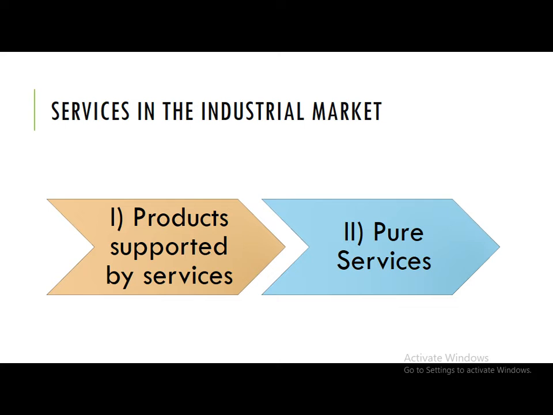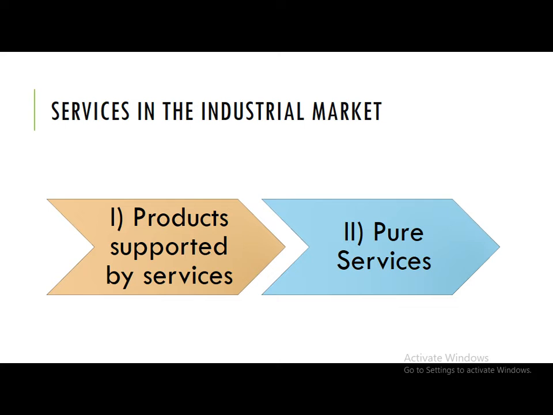Services are deeds, processes and performances. There are several basic differences between goods and services. As you know, services are intangible and products are tangible in nature. Services are consumed at the time of production, but there is a time gap between production and consumption of products. Services cannot be stored, but products can be stored.